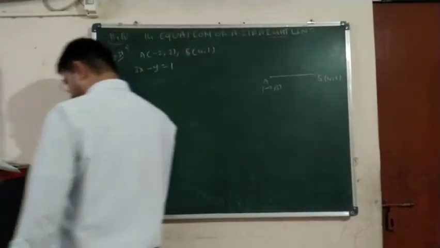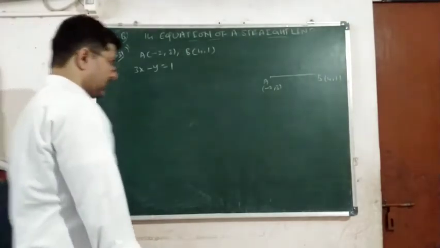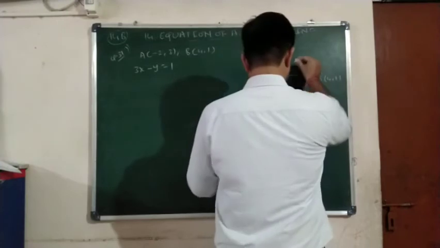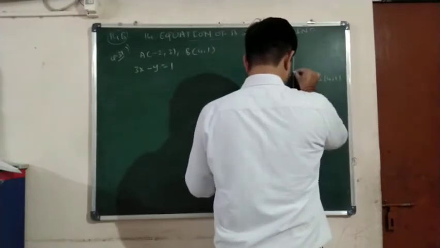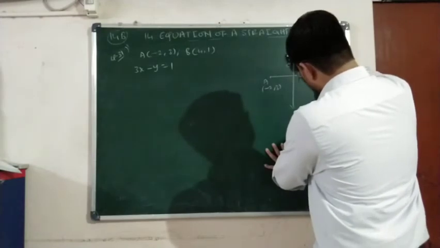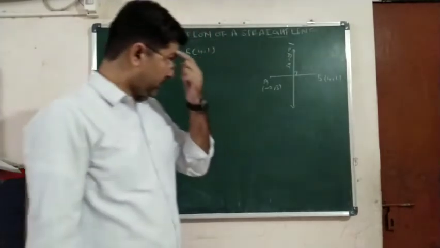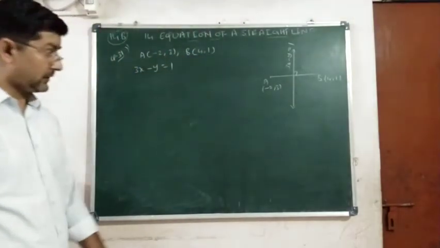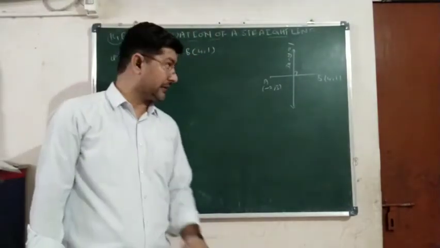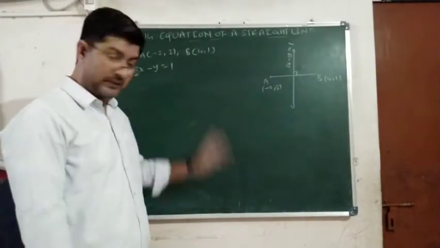Okay, so is the line passing through AB perpendicular to the given line? We have to check whether this is perpendicular or not. How do we check? It is very simple. We will find the slopes of AB and the given line.